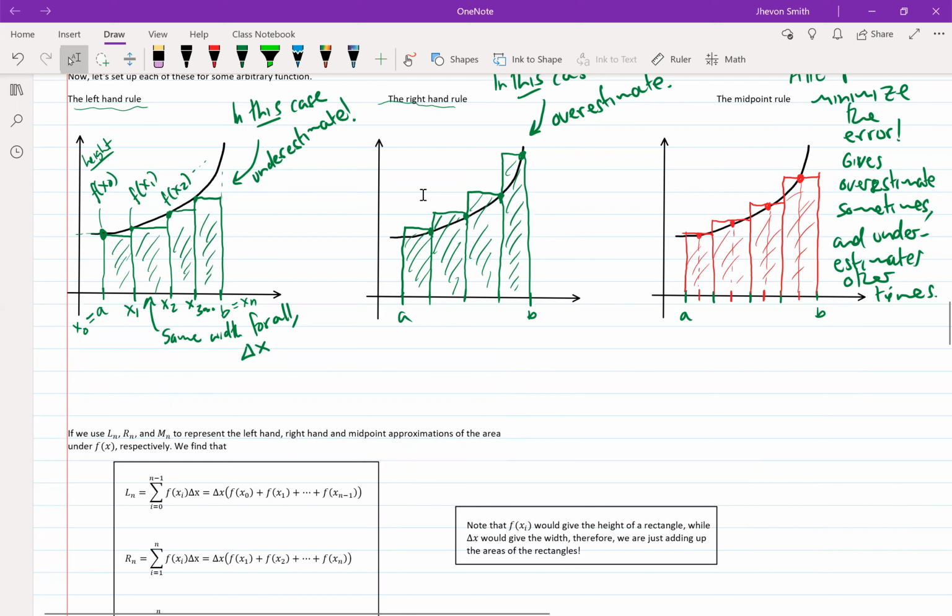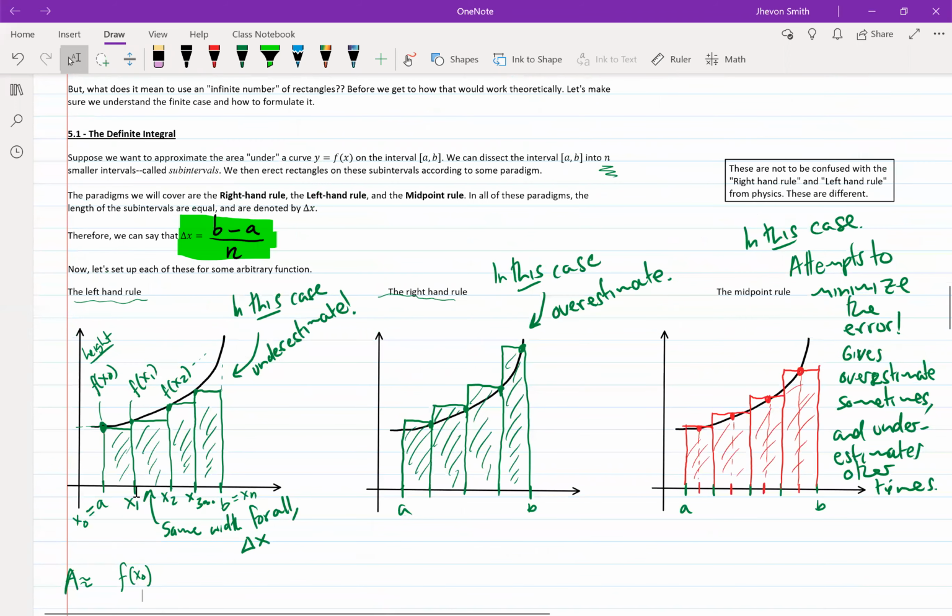So what would happen here is notice that the area would be something like the following. The height of the first rectangle is given by f of x0. And the width of the first rectangle is delta x. So this here is the area of the first rectangle.